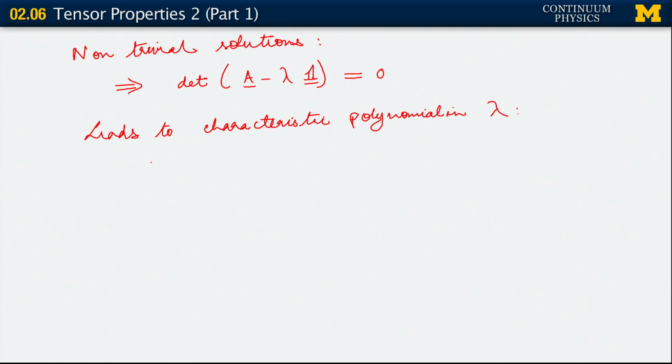That takes the form lambda cubed minus I1 lambda squared plus I2 lambda minus I3. So this is the characteristic polynomial. Of course, we need an equation, because what we had on the previous line, determinant of A minus lambda 1 equals 0, is an equation. So we have this equals 0. This polynomial on the left-hand side in lambda is the characteristic polynomial.